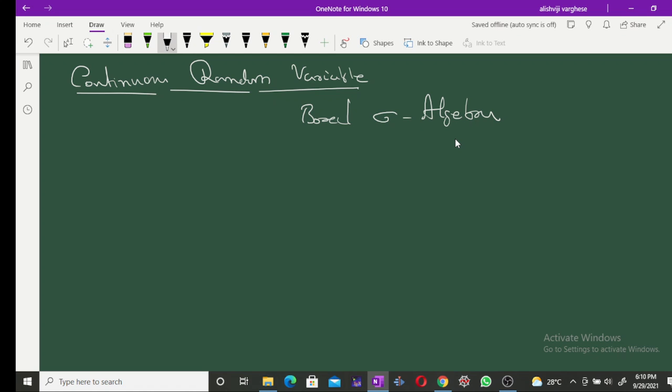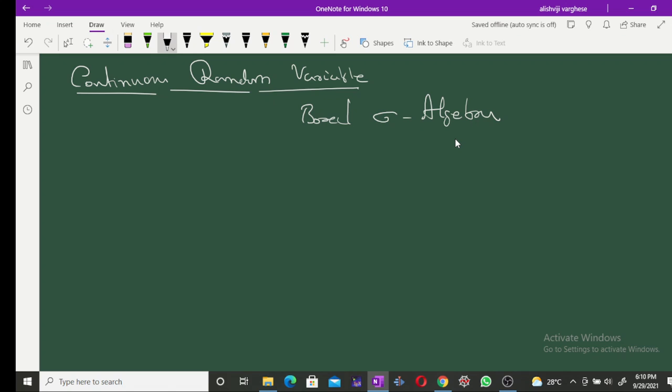It does not contain all the subsets of omega, but a collection of subsets which have some desirable properties is known as a Borel sigma algebra.